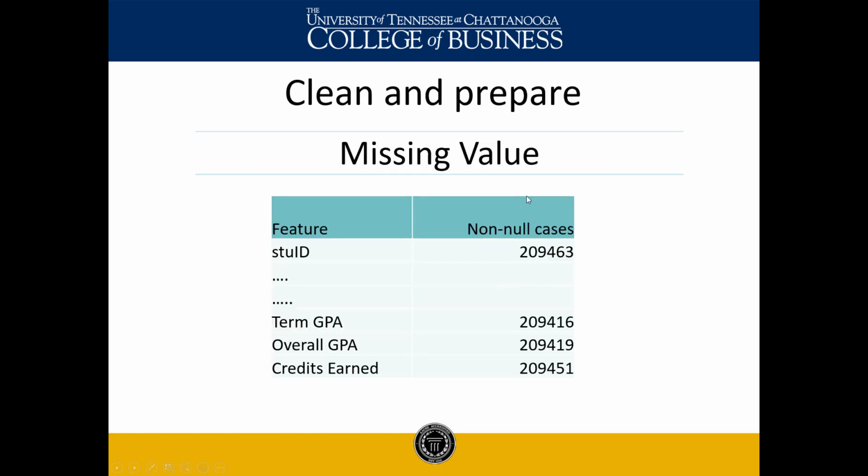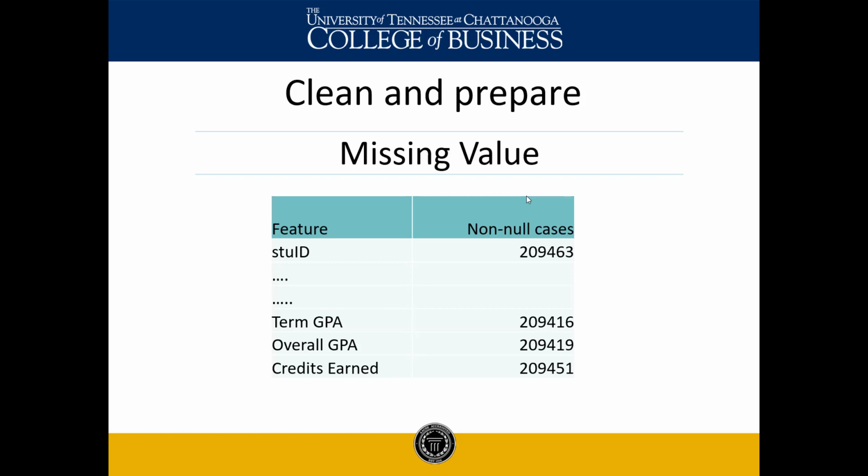Then there are cases where you will have missing values. Okay, so here is a student data set, student enrollment courses. So we have a total of 209,463 observations.